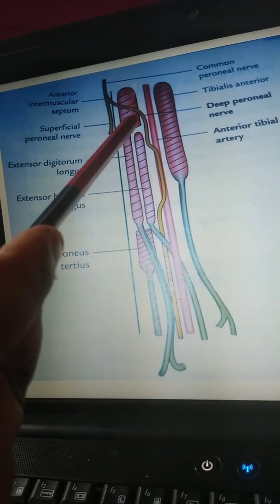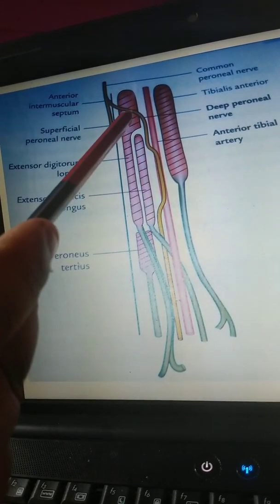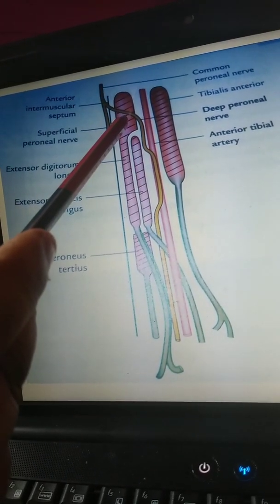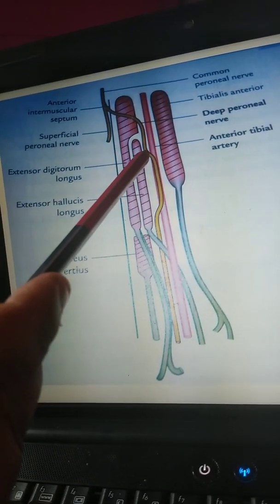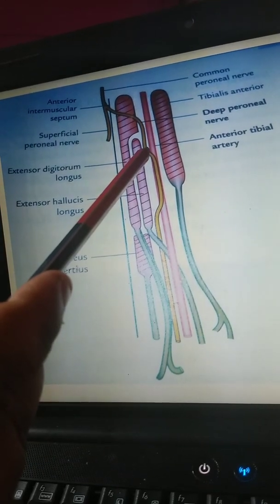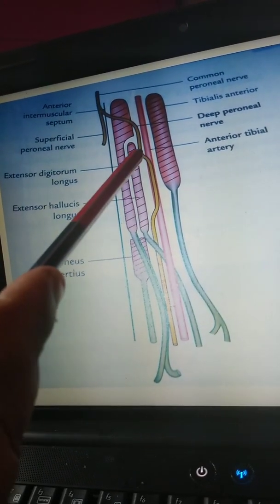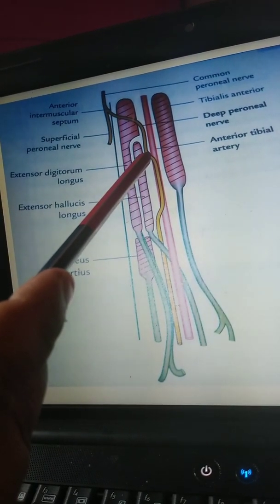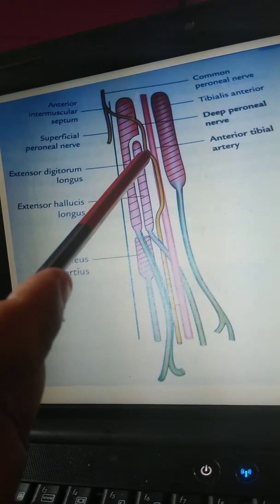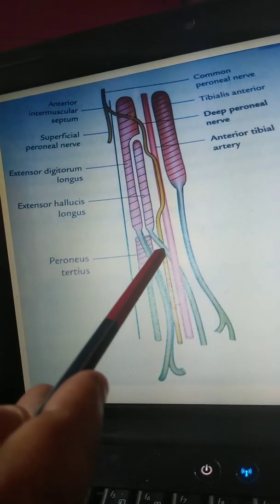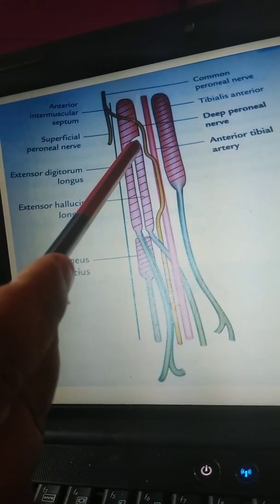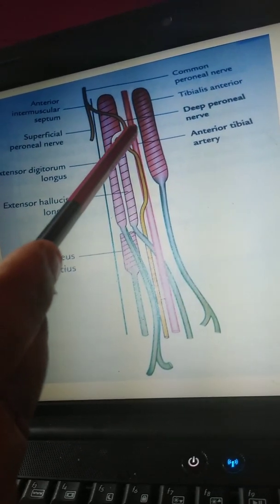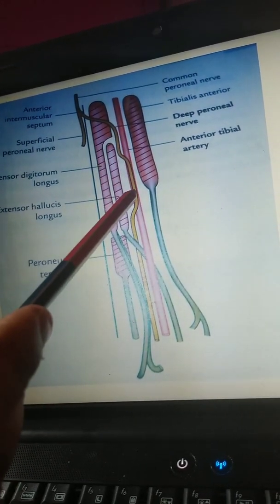It pierces the extensor digitorum longus and descends in this compartment with the anterior tibial artery. In the leg, it accompanies the anterior tibial artery. The nerve lies lateral to the artery in its upper one-third and lower one-third, and anterior to the artery in the middle one-third.